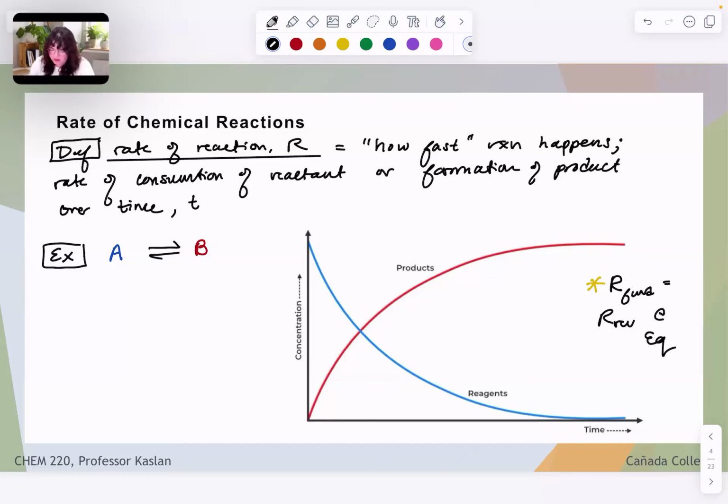And if I wanted to track how much A was changing over time, I could do that a couple of ways.